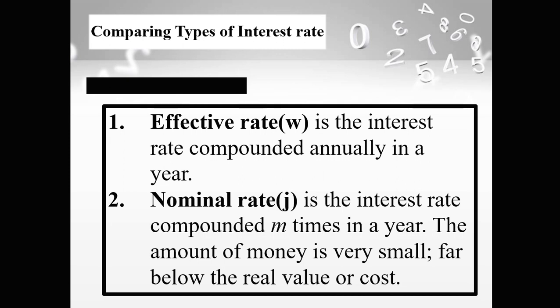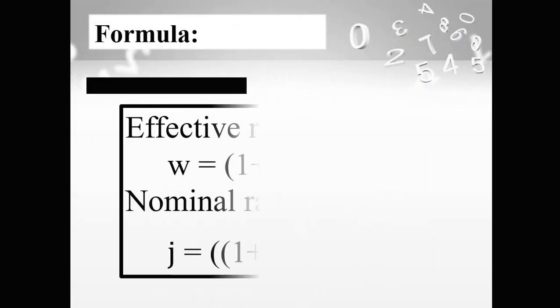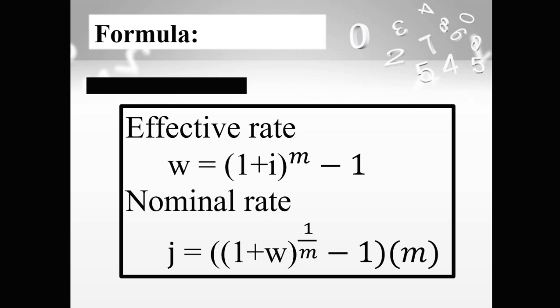The effective rate is the annually since it is compounded annually. While the rest, the bi-monthly, the semi-annually, the quarterly, that is the nominal rate. Okay po?